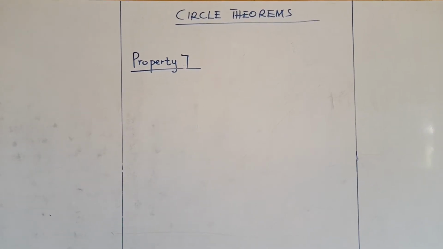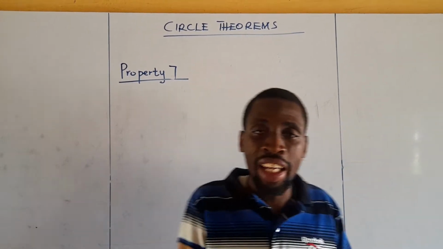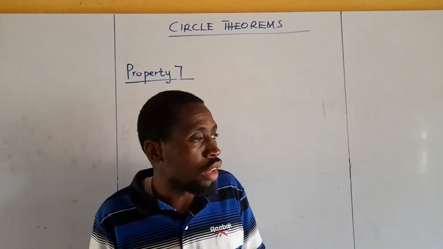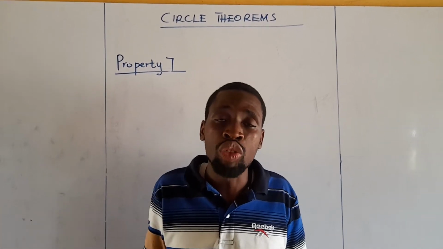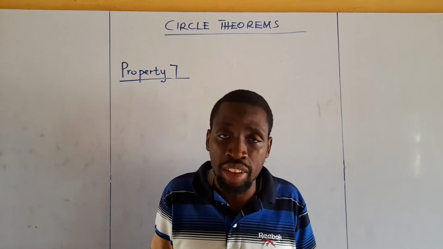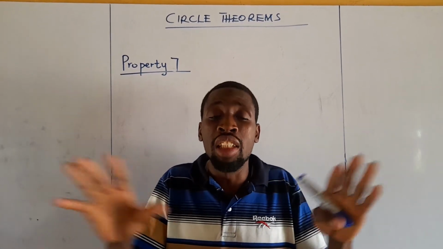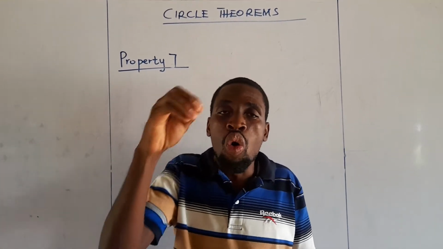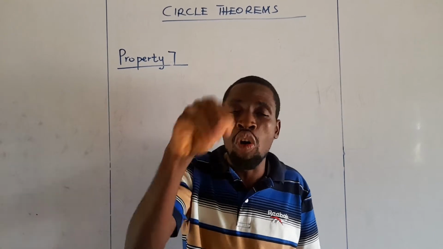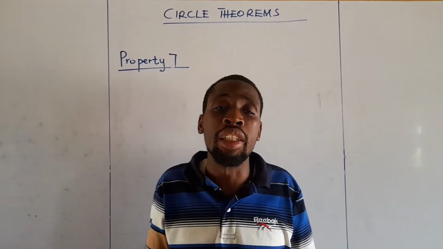So the 7th property says that when we have a cyclic quadrilateral, which means a quadrilateral in a circle, and quadrilaterals are plane shapes with 4 sides. So you have a cyclic quadrilateral and it touches the circumference of the circle at its 4 corners. The sum of the opposite angles of the quadrilateral is equal to 180 degrees.